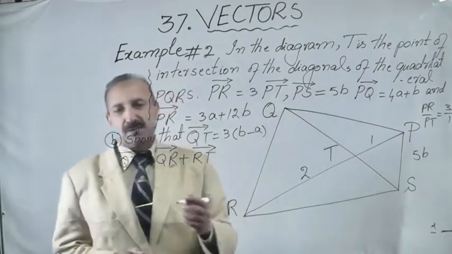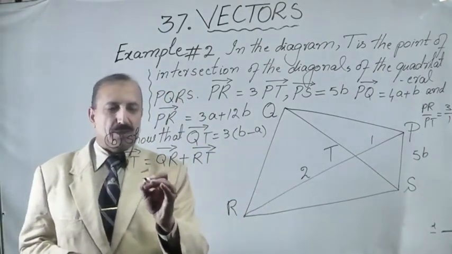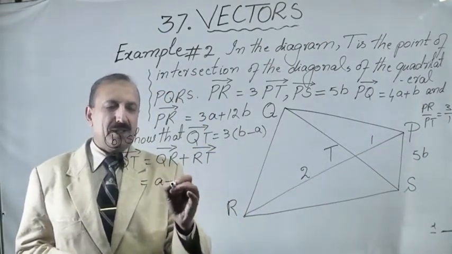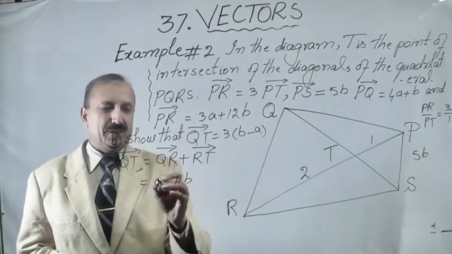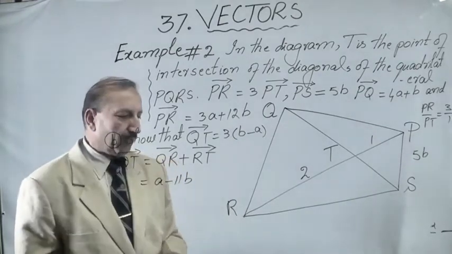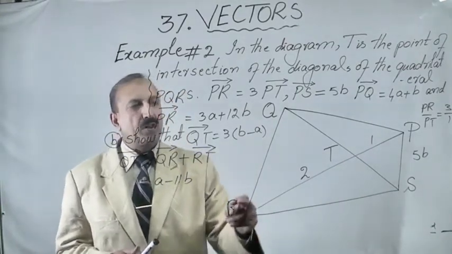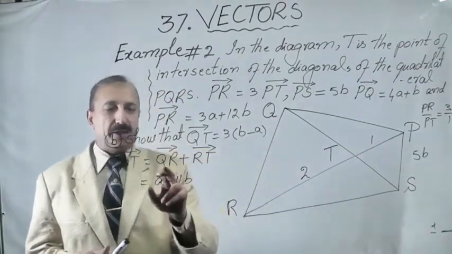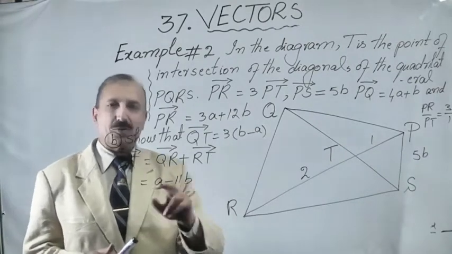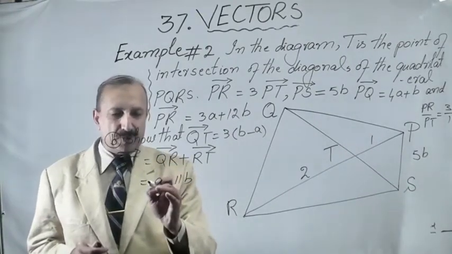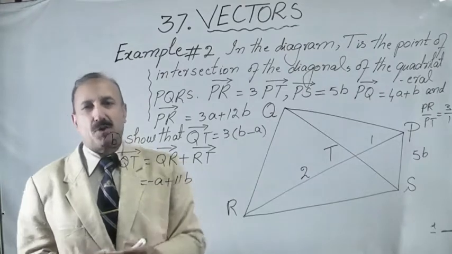That's A minus 11b. This A minus 11b is RQ. Basically, it was given in the form of RQ. We found it previously as RQ, and here we need QR. That's the opposite of this one. Here it would be A minus, and this would be positive.